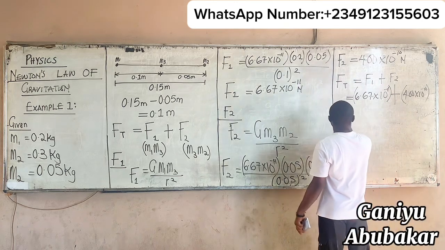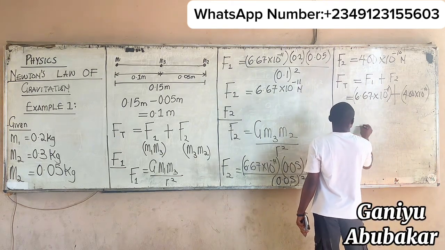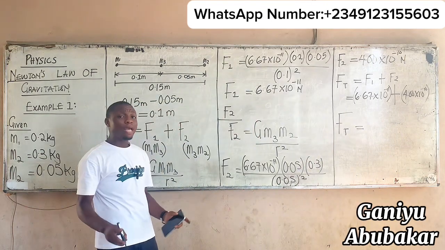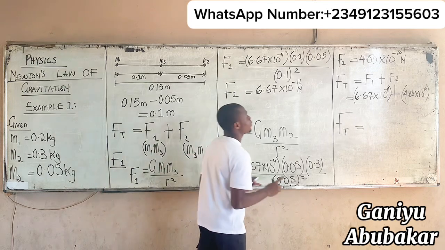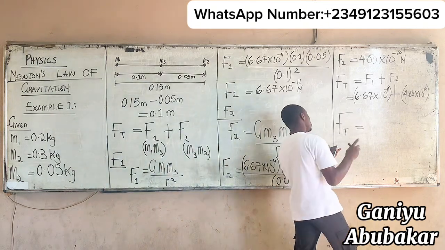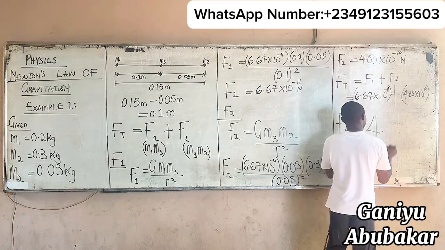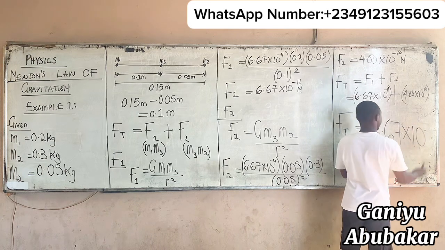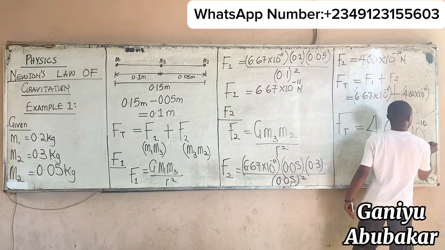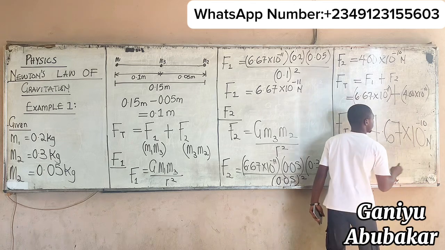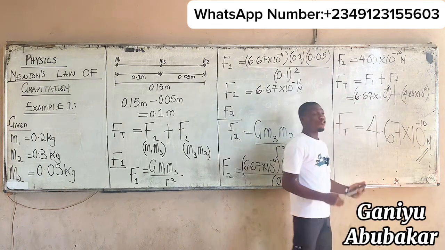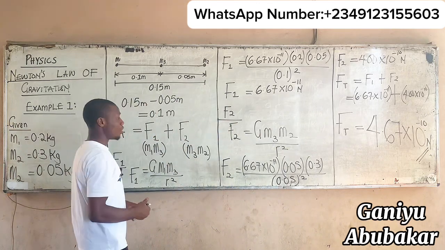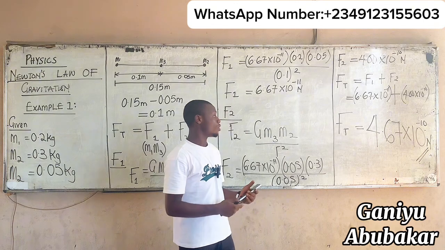So my total force should be, if I add 6.67 times 10 to the power minus 11 plus 4.00 times 10 to the power minus 10, 4.67 times 10 to the power minus 10. Of course, my answer should be in Newton because it's force. So it becomes my force of attraction. This is how I calculate this particular question.